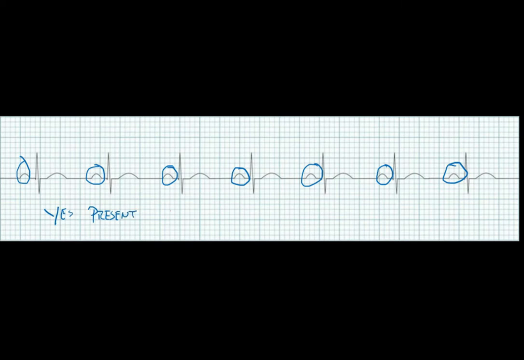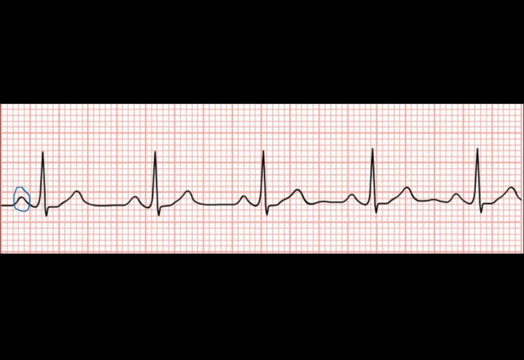For the bottom ECG, they are present as well. So our first question is answered: are P waves present or absent? And here you can see that they are present.